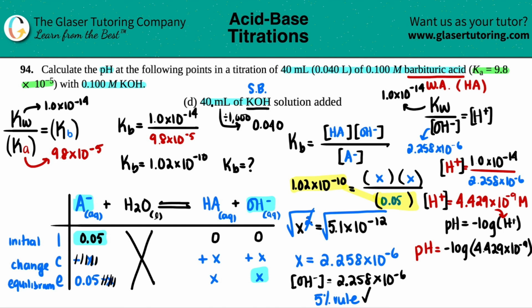Oh my goodness, this one was nuts. And it was all because at the end of the day, when you did that fighting, there was no more buffer. Sometimes you really wish that you had those two values there, or else you're doing it like this. Okay, so negative log of 4.429 times 10 to the negative ninth.